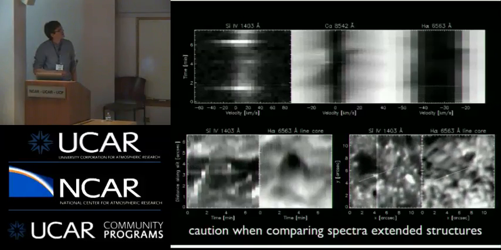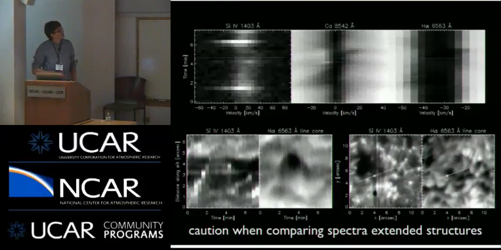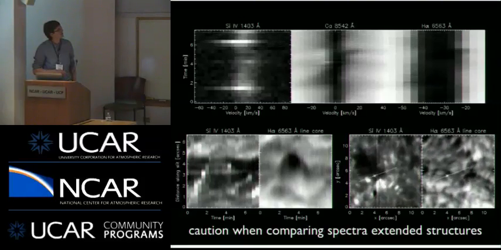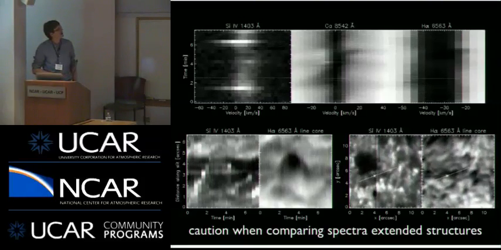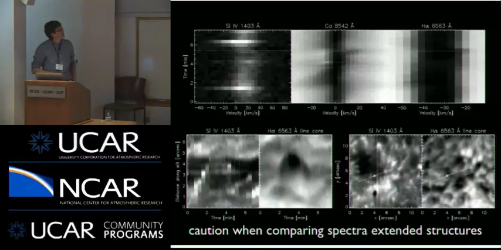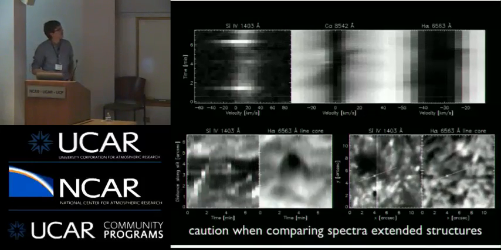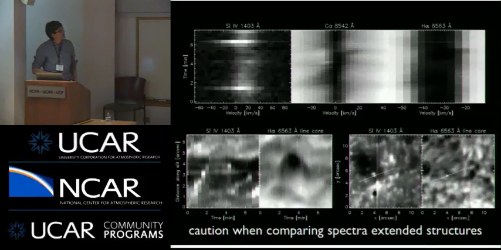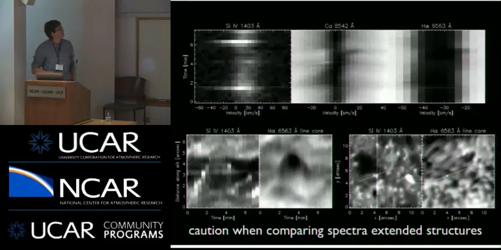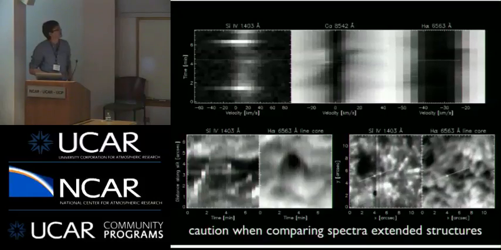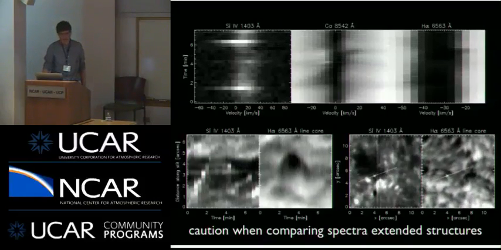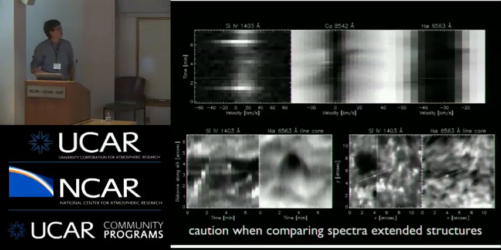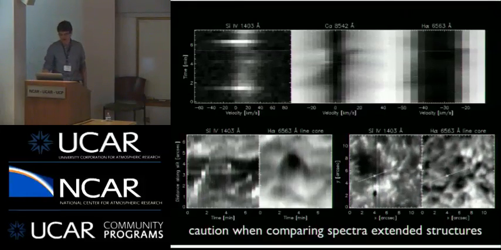So you see the dynamic fibril for this point. You see the spectrum here, the blue shift, and then the decay in calcium H. But for the silicon 4 line, we only see this when the bright grain passes through the slit, and you basically cannot follow the dynamic fibril after that. So this is important to note when you compare spectra for extended structures.